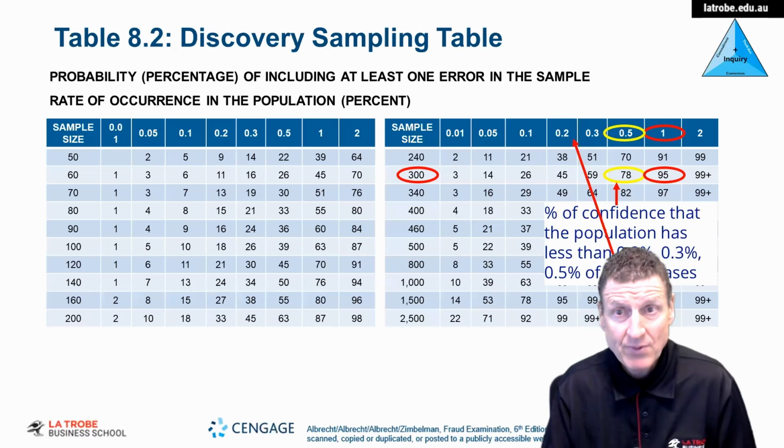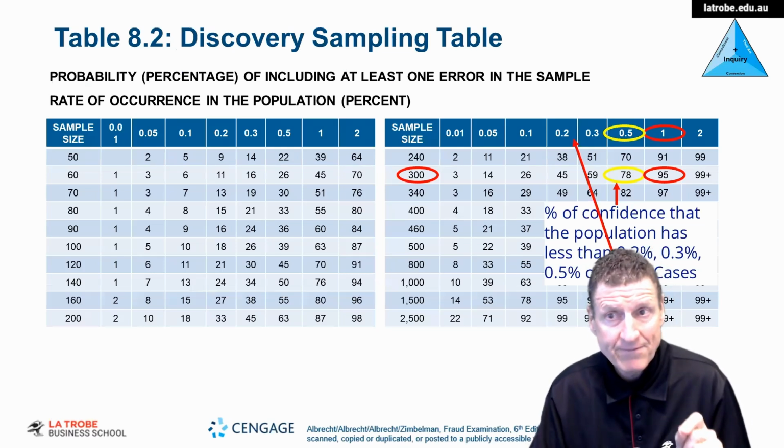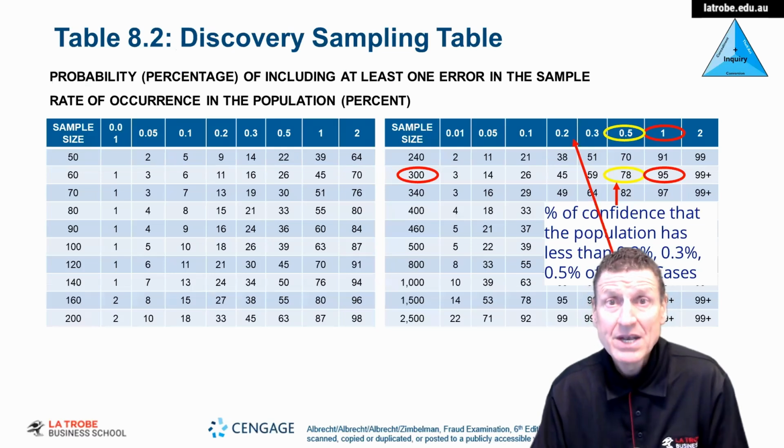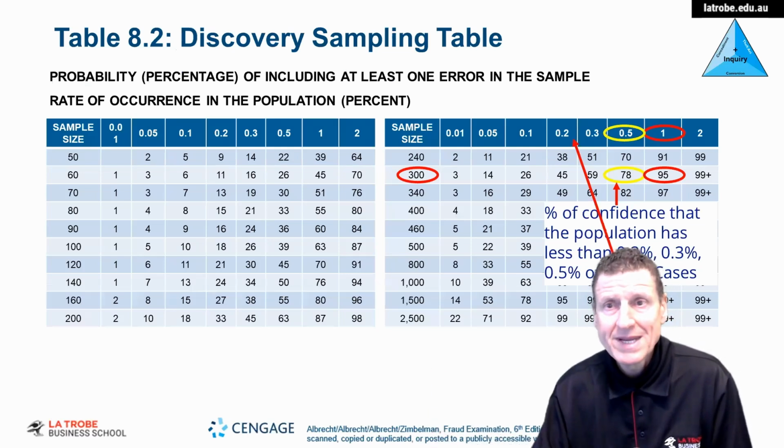So what does this table mean? This table means that if you did not find any fraud, then you can be 95% confident that there's 1% or less than 1% of fraudulent checks in the rest of the sample. You could be 78% confident that there's less than 0.5% in that sample.